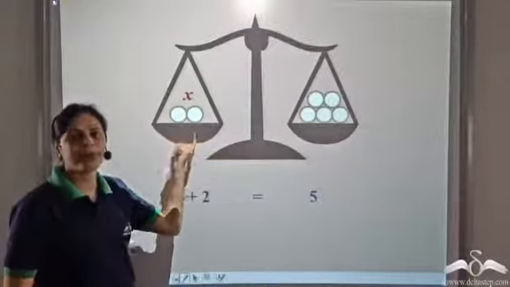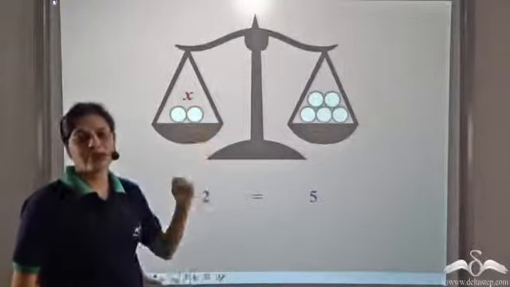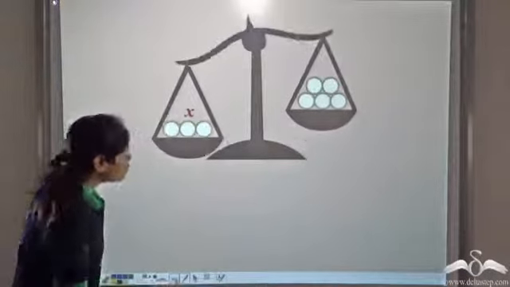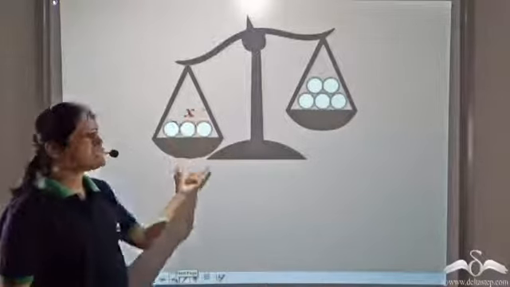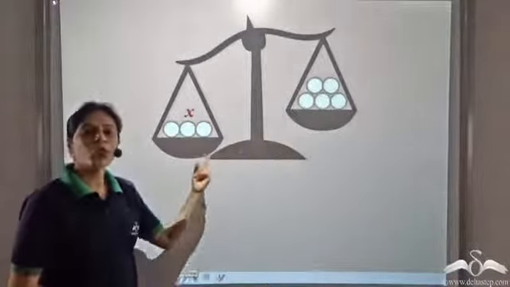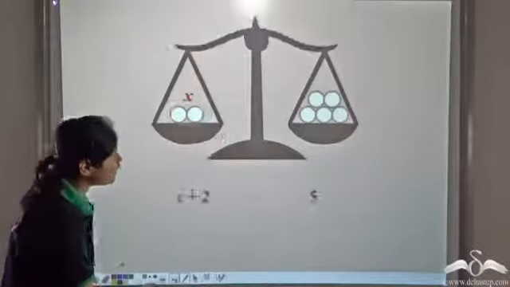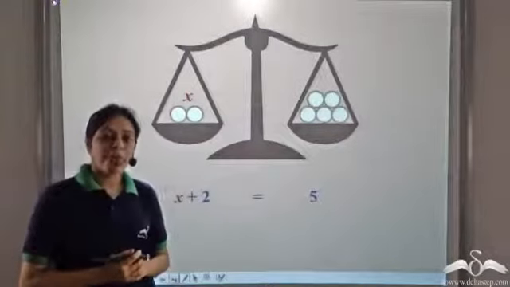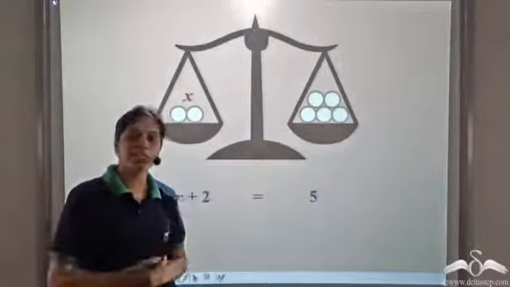Now what will happen if I add one ball on the left hand side of this scale? So if I add one ball on the left hand side of this scale, this side will go down. This scale is no longer balanced. Now, what will happen if I add one ball to the right hand side of this scale?